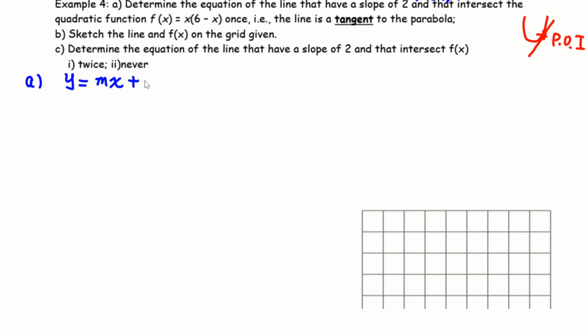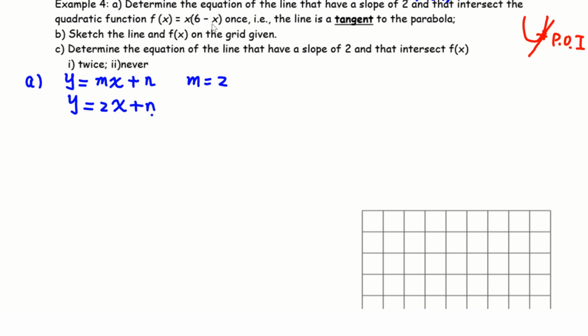We could use n to represent the y-intercept. And m is 2, so we could write the equation as y equals 2x plus n. We want to find the n value.